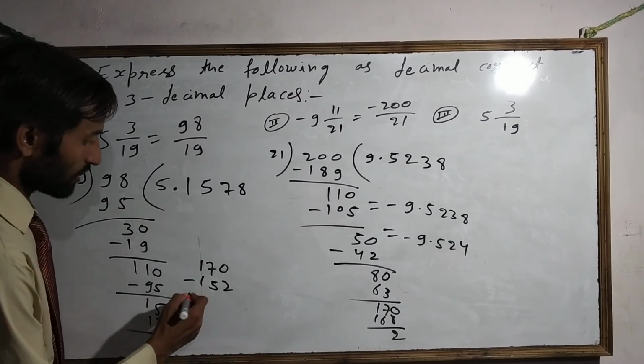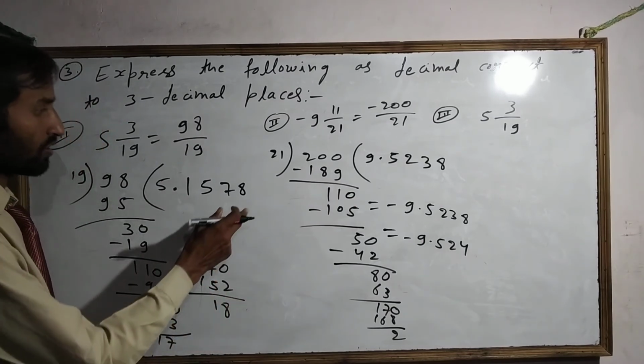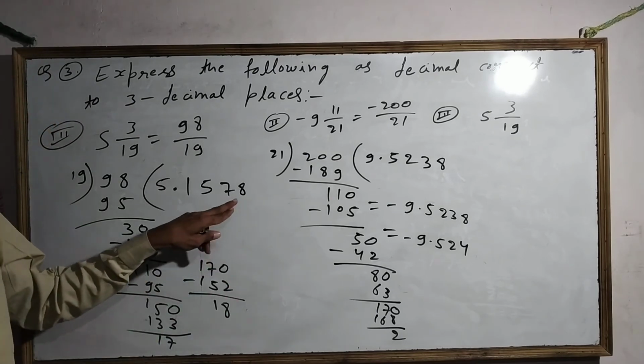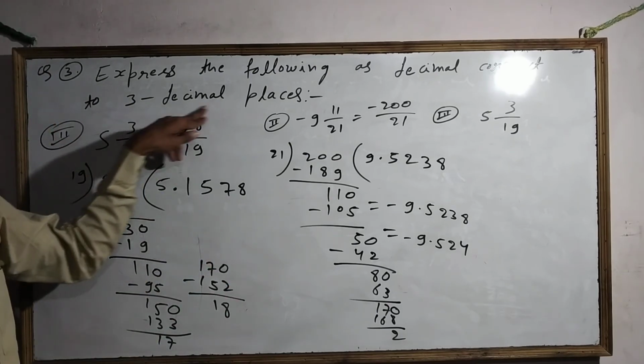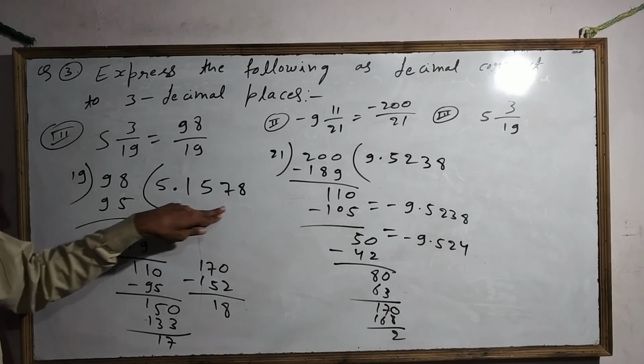Now we subtract, and the remainder is 18. So just stop here, because we require only 3 decimal places. We have divided up to 4 decimal places.